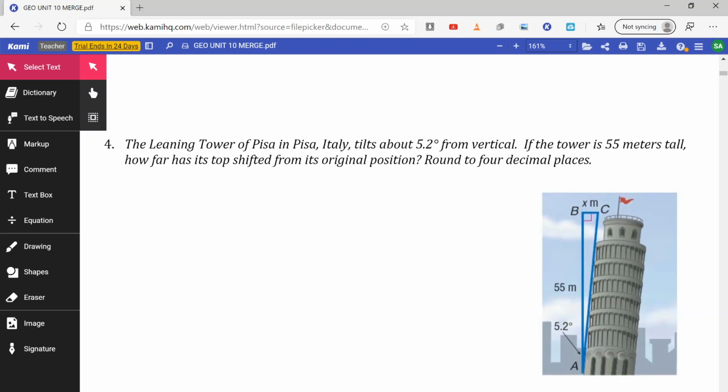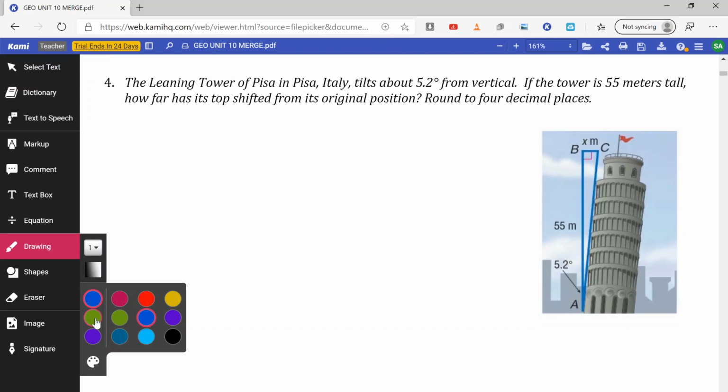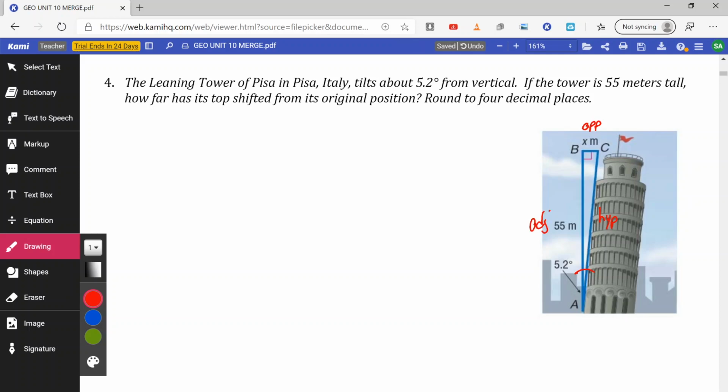So here we're told we have an angle measurement of 5.2 degrees. What are the relationships of the sides? Well, x is across from it, so there's our opposite. Right angle, so this means A to C is our hypotenuse, the long side, which leaves 55 as the adjacent side. So we have opposite and adjacent, meaning we're going to be dealing with tangent. So the tangent of 5.2 is equal to x over 55, opposite over adjacent.